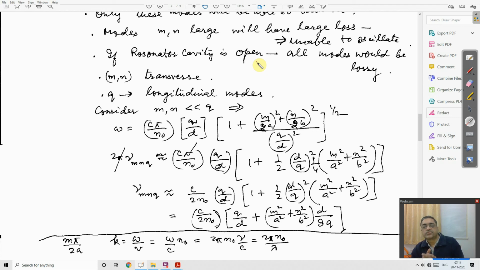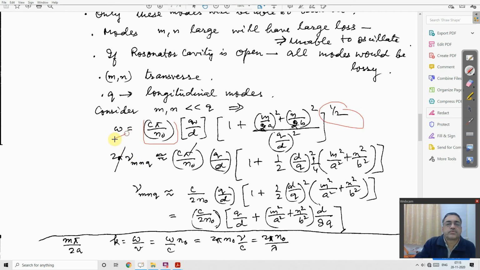Of course, by simple mathematics, we see omega is equal to c pi by n naught, q by d taken out of the bracket, and what remains inside is the square root of 1 plus (m by 2a) squared plus (n by 2b) squared, divided by (q by d) squared.